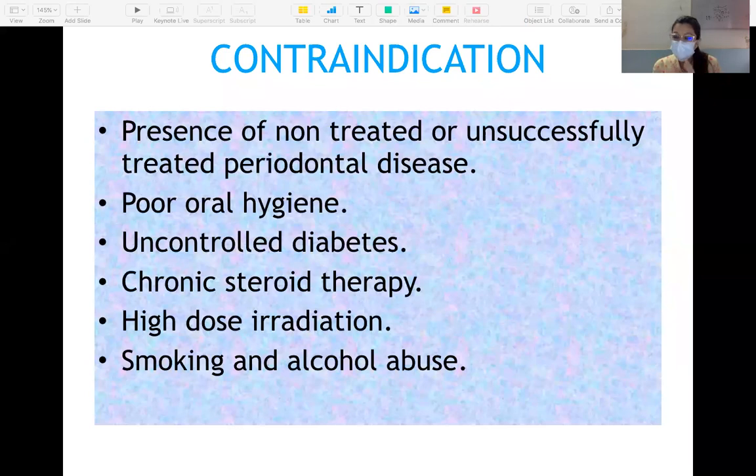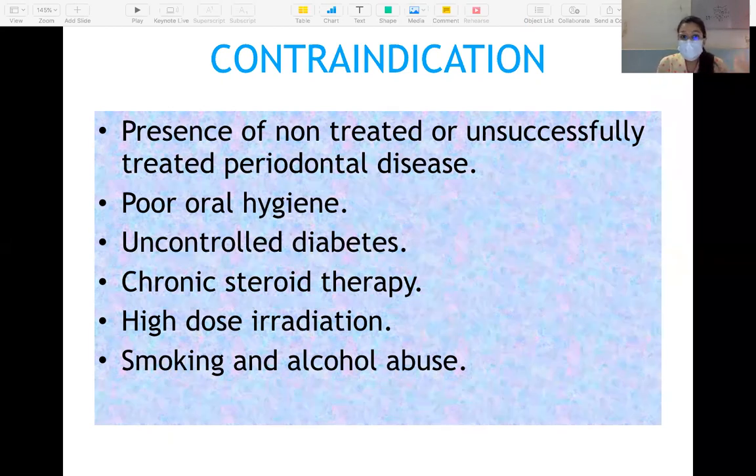So, irrespective of how good the implant has been placed, how good the osseointegration has taken place, the patient has to follow hygiene protocols like any other prosthesis, or in a mouth without prosthesis also. Okay, so the patient has to maintain their hygiene in all types of treatment.